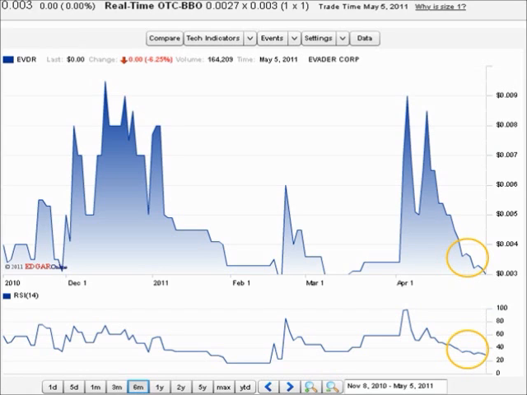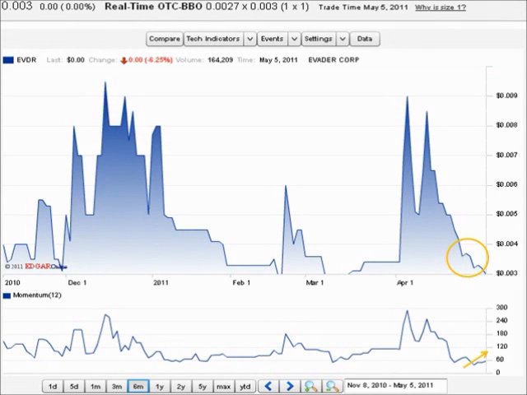However, the relative strength index does not fall anywhere near as sharply as the price of the stock, and in fact has been leveling out. The other thing you should notice is that the relative strength index is in the 20 to 30 range, which is right in that wheelhouse that says it's time to buy the stock.